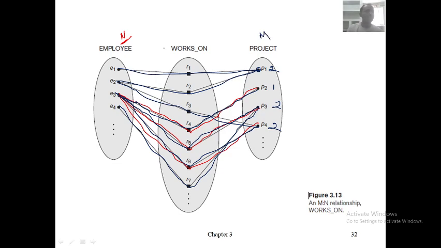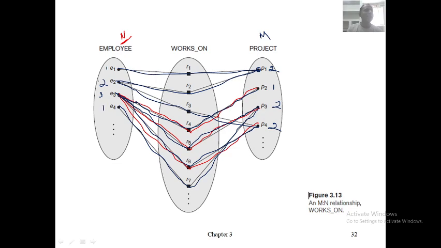Here, see here now. One employee is working on only one project. This employee is working on 2 projects, P1 and P4. Here it is 2, and this third employee is working for 3 projects, and employee 4 is working for 1 project.